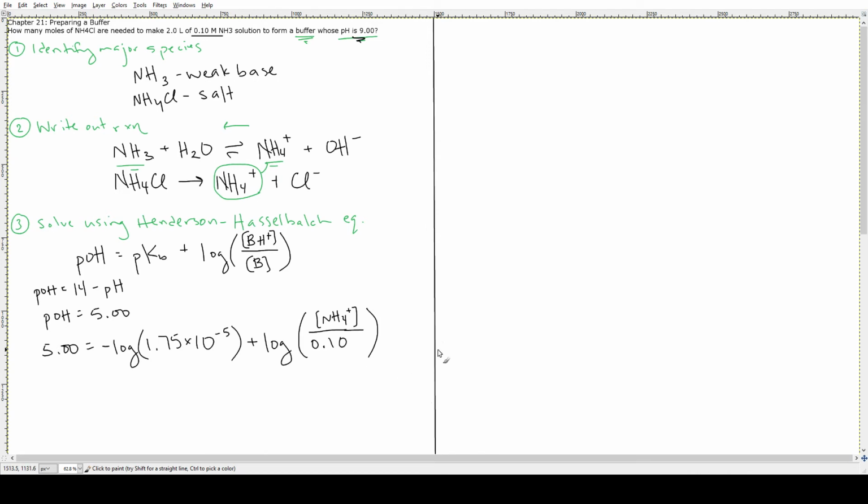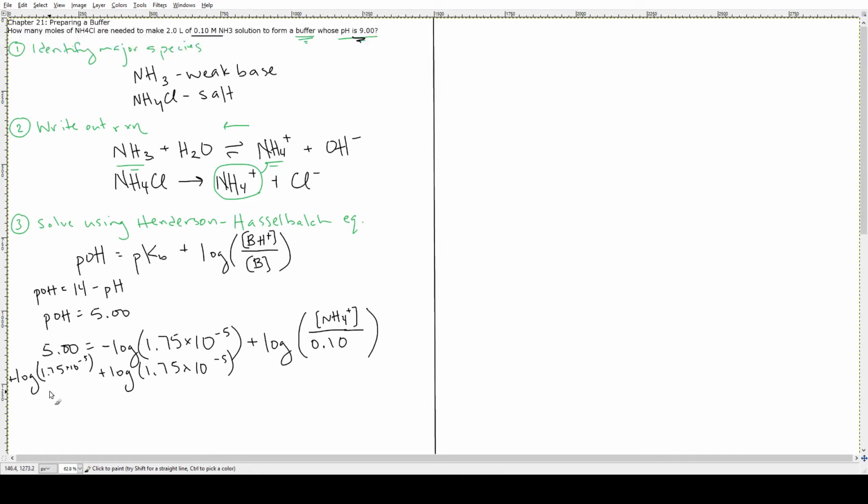Okay, cool. So now this is going to require some log skills. Let's first add log of 1.75 times 10 to the negative 5 to both sides. Okay, so let's see what that comes out to be. 5 plus, and you could be practicing this along with me if you haven't worked with logs very much. 5 plus log of 1.75 times 10 to the negative 5.